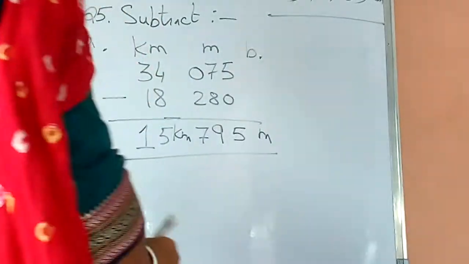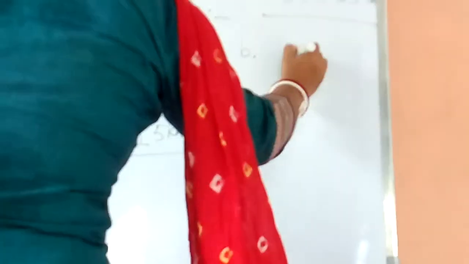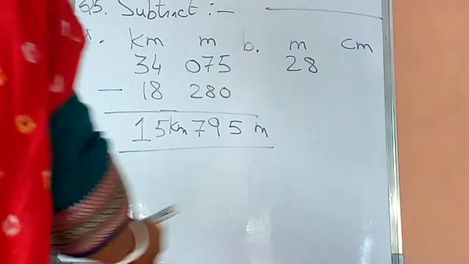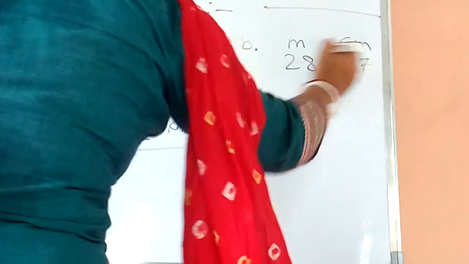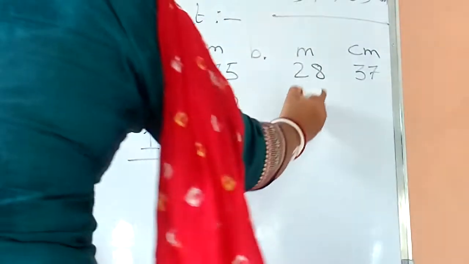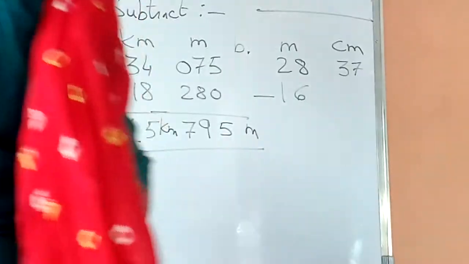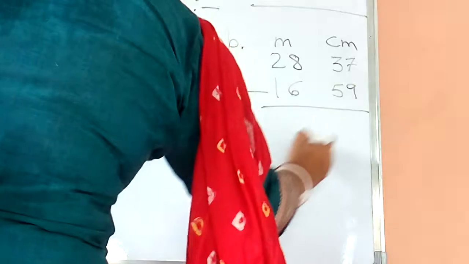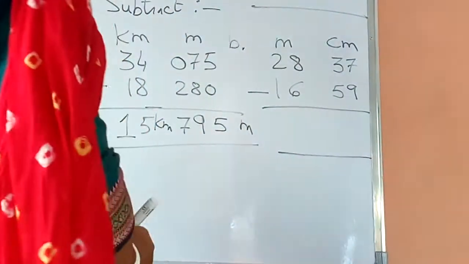One more subtraction you will do in meter and centimeter. Suppose it is given 28 meter and 37 centimeter, subtract from 60 meter and 59 centimeter. Okay, now subtract it.